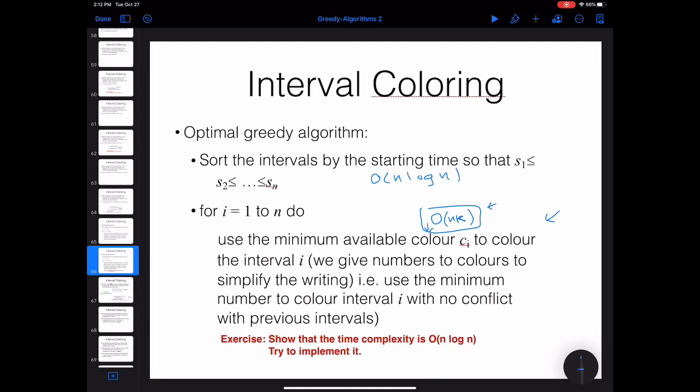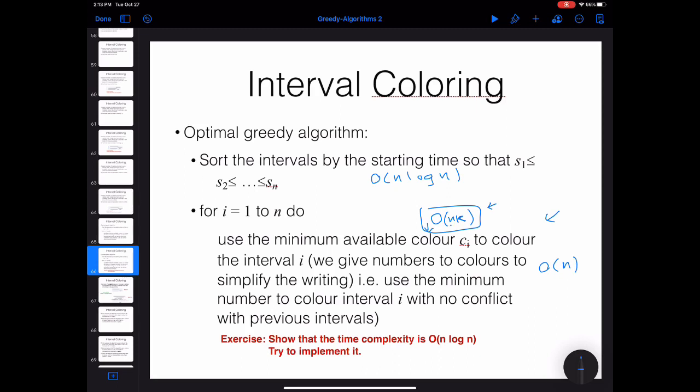I will leave this one as an exercise for you, but the hint is we need to use a priority queue. We put all of the colors in a priority queue and update them based on the latest time of the job which has been colored by that color. So using a priority queue, this loop can be done in O of n instead of nk.